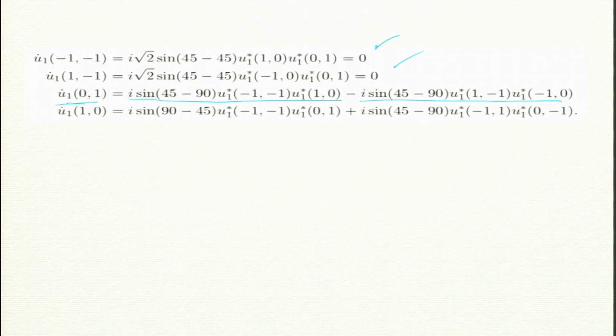Now since I am using this sin x cos y combination, my amplitudes of 1 1 and minus 1 1 are connected. So I have sin x cos y, which you can expand as e to the power i x minus e to the power minus i x over 2i, times e to the power i y plus e to the power minus i y.